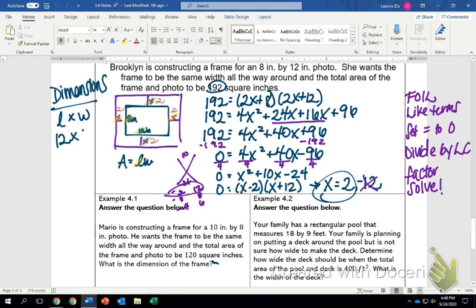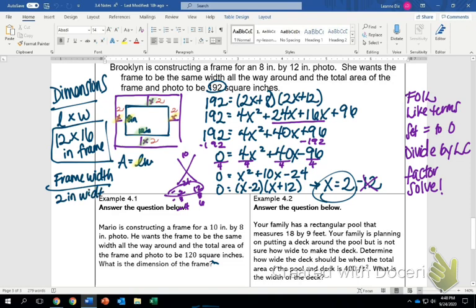So this is going to be a 12 by 16 inch frame. All right, and that's my answer if they ask for the dimensions. If they just ask for the width of the frame, though, then all I would have to do is take my x value and say, well, my frame has a 2-inch width, and then that becomes my answer. So just make sure you're watching out for the instructions and how they're asking.